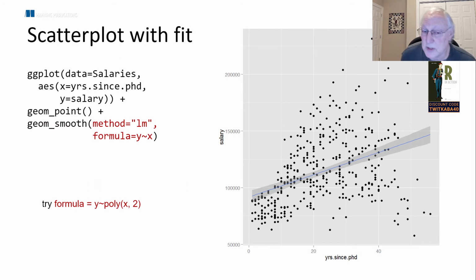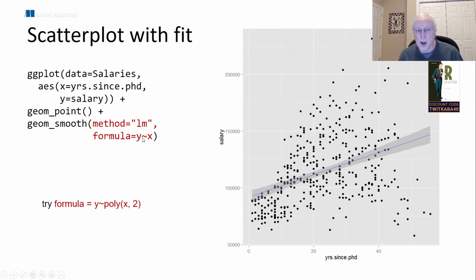If we wanted to use a straight line of best fit, we could specify the method. lm stands for linear model, or basically linear regression. And then we could specify a formula. Here we're specifying a linear line. y is a function of x. Now the y and the x have nothing to do with variables that are in the data set. They just represent the y and x axis.